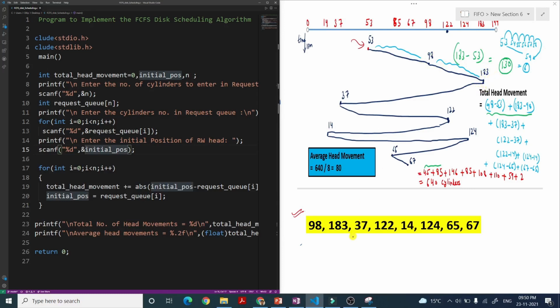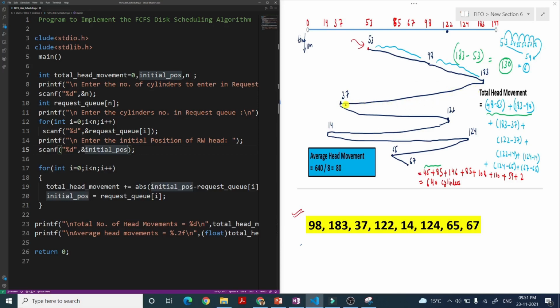After 183 is serviced, we move to 37. When we are at 37, we subtract 183 and 37, that is, the previous position of the read write head, 183, and the current position, 37. This way we keep picking the cylinders one by one from the request queue, find the difference between the current position and the previous position of the read write head, and keep adding these distances.